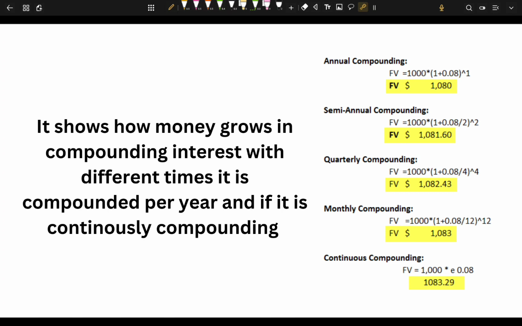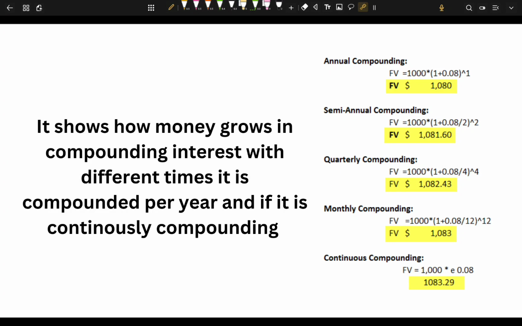Napaka-basics. So, dito, pinapakita lang, it shows how money grows in compounding interest with different times it is compounded per year and if it is continuously compounding. Yun nga po, ang sabi ni Sir kanina, the more na mas marami tayong time na kino-compound per year, the more na mas maganda yung makukuha natin na future amount. So, pansinin nyo, ito, annual compounding, 1,080. Tapos ito, semi-annual, 1,081.60.